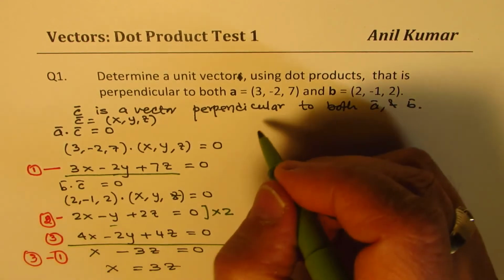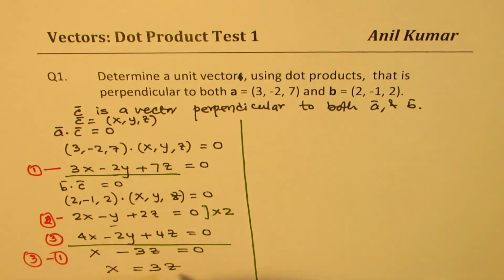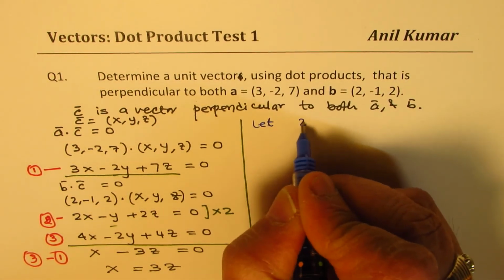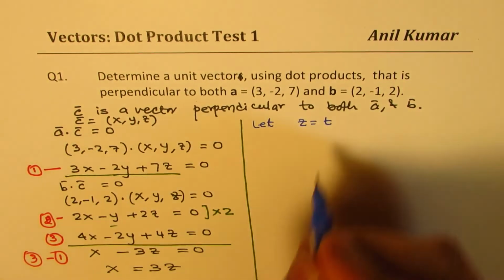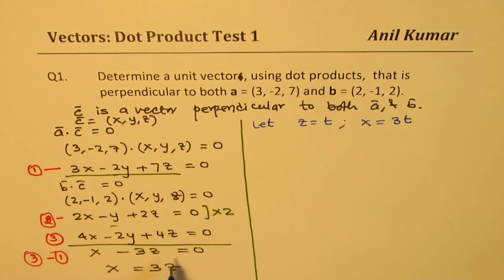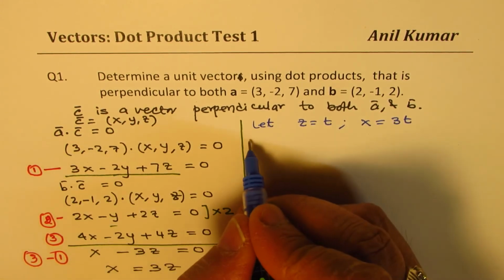Correct? So now we can actually define a parameter and find what x and z could be. So let's let z be some parameter t. In that case, x will be 3 times t. So if I put this value in one of our equations, let it be equation number 2.